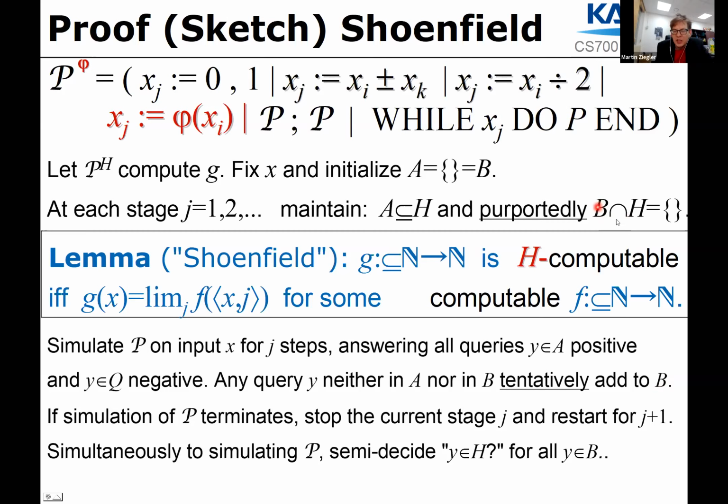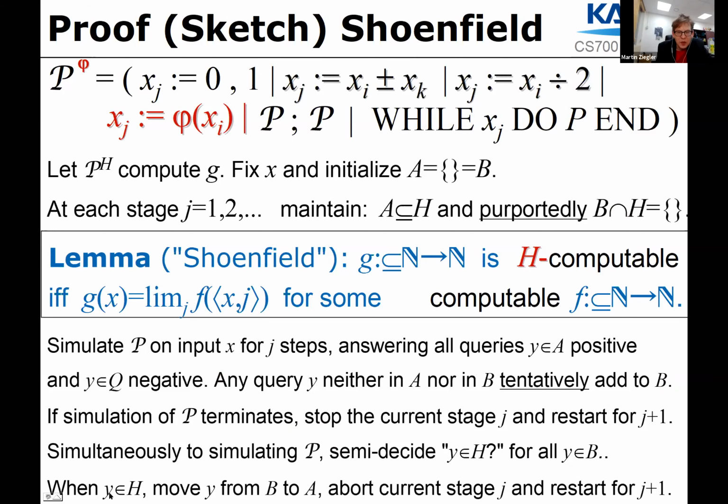No element of B should ever terminate. But if our simulation, parallel to our simulation, remember we alternate execution, reveals that this does terminate, then we quickly move it from the wrong set B to the right set A. Okay, that's the idea.